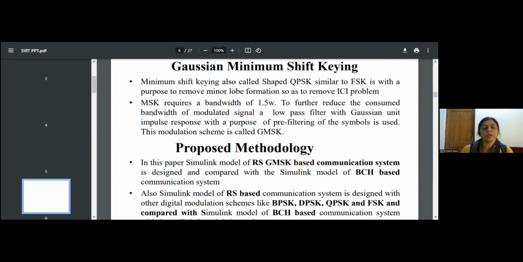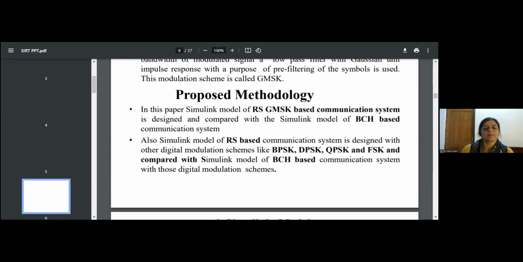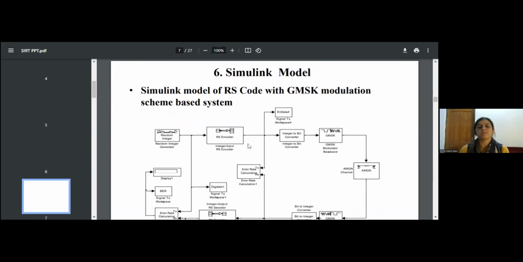We have designed the Simulink model of an RS GMSK based system and a BCH GMSK based system, and we also did RS and BCH with other modulation schemes. This is particularly the Simulink model of RS code with GMSK.